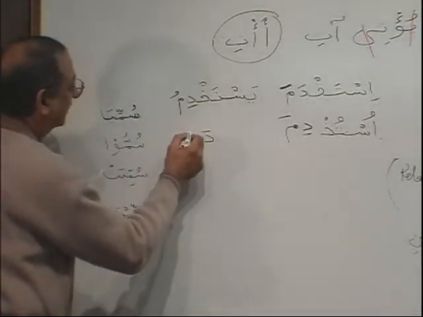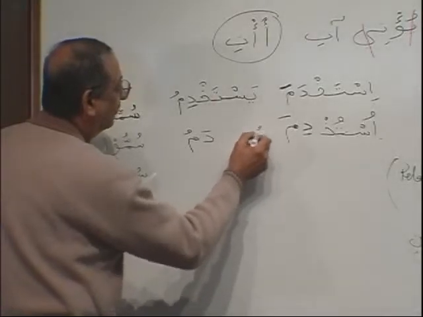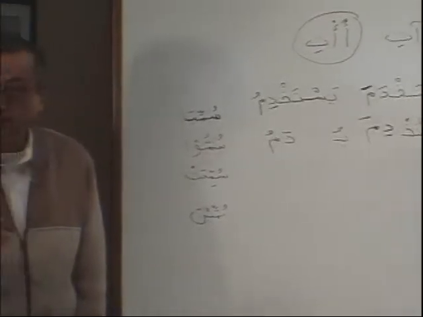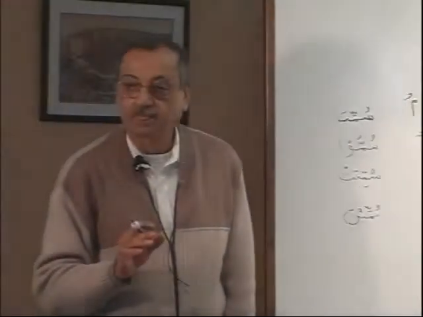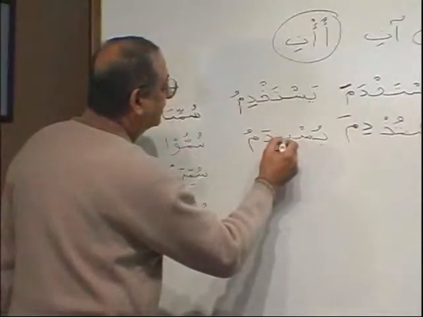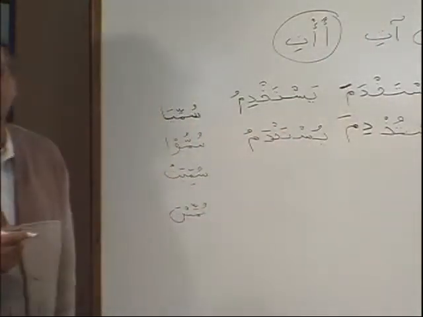Mim of course gets a dhamma. And then ya will become yu. And if there are any other letters, mutaharrik, they will get a fatha. So what will be? Yus... yustakhdam. That's all.